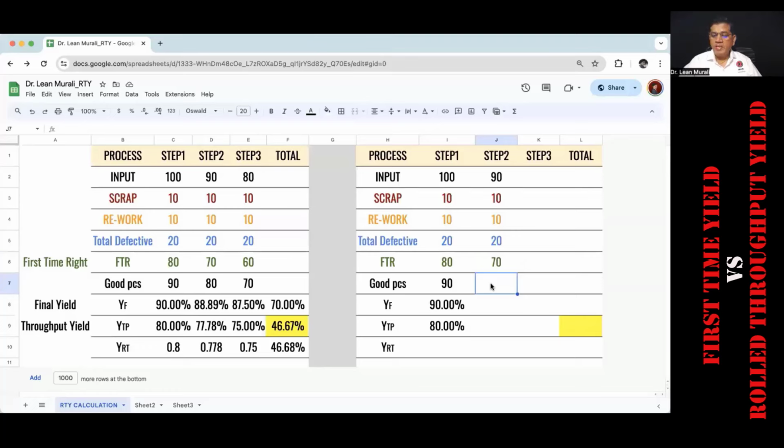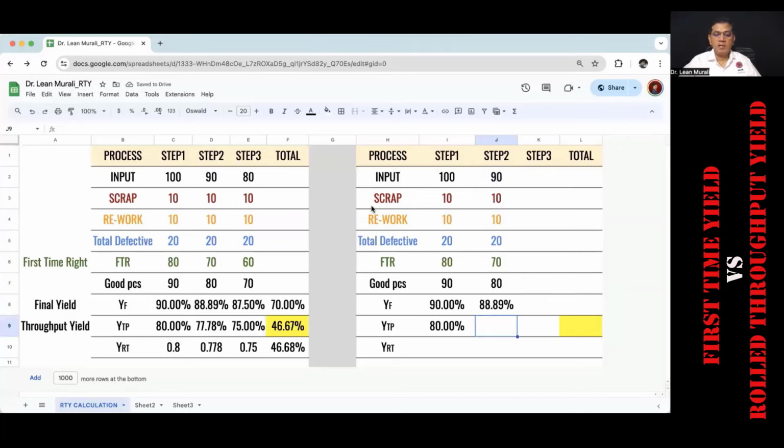So the good pieces is 70, which is first time right, plus whatever was reworked. So 80 is the good pieces. And the final yield is 80 divided by this 90.